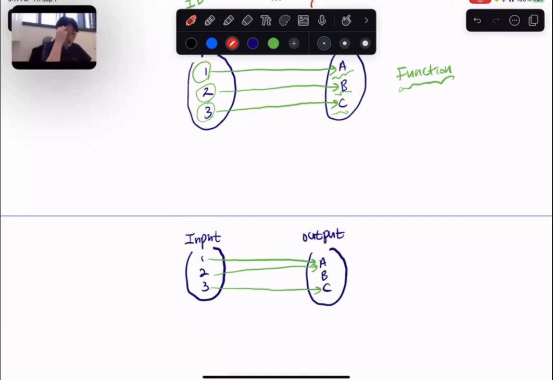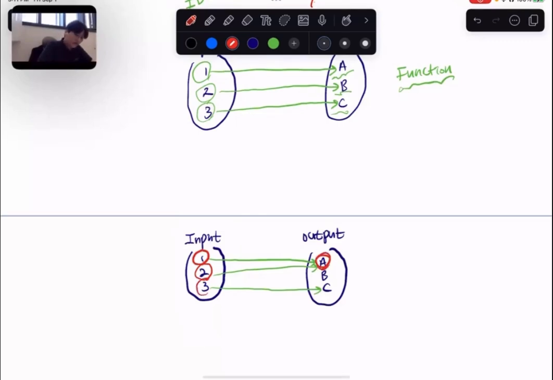The majority of students think this is not a function, but let's think about the definition of a function from the perspective of input values. Let's say I'm input value 1, I am having exactly one output value. From the perspective of input value 2, I am having one output value.